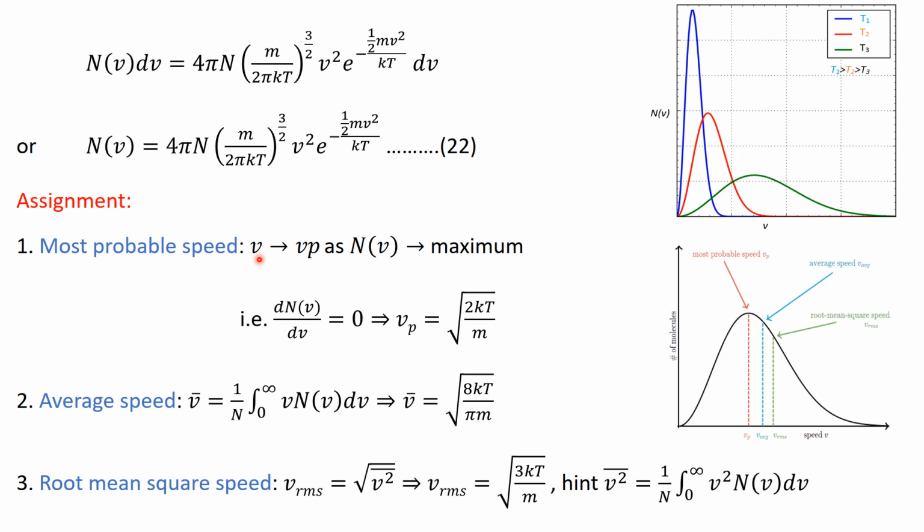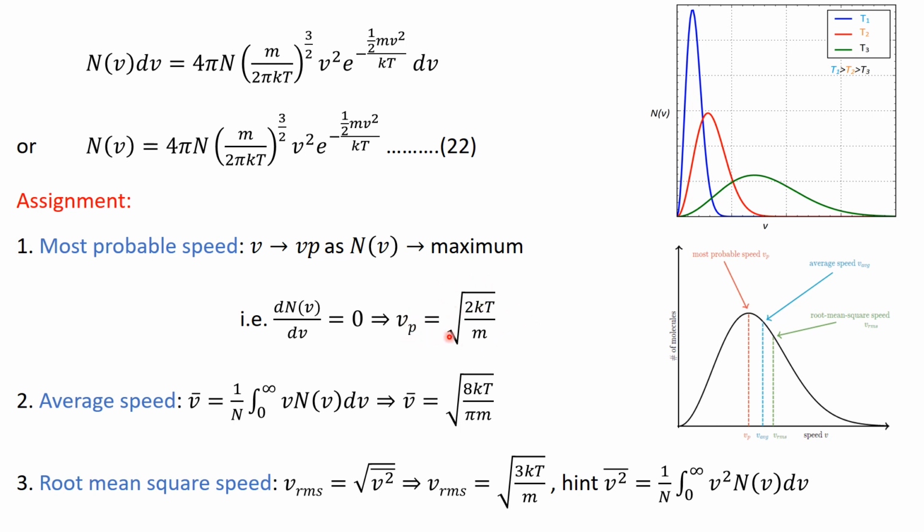The most probable speed is written as Vp. If V is equal to Vp, it means that n(V) is maximum. And if n(V) is maximum, its differential with respect to V will be equal to 0. So you have n(V) over here, you differentiate with respect to V, put it equal to 0, and represent the velocity by Vp. After the calculation and simplification, you will get this relation.